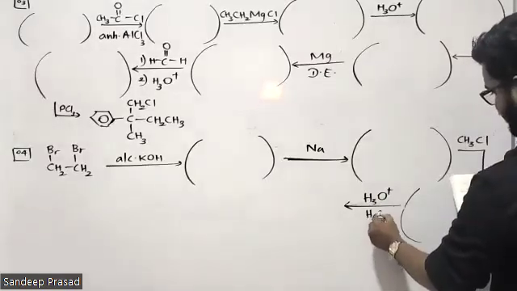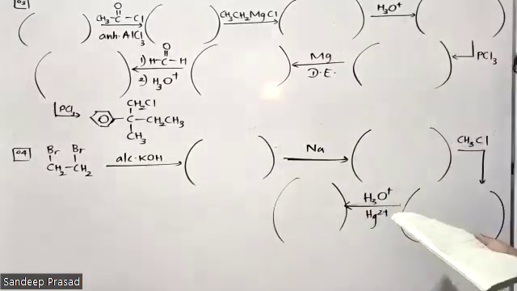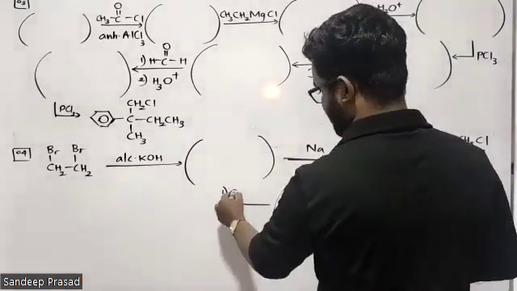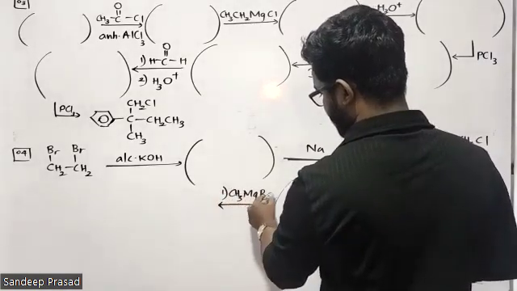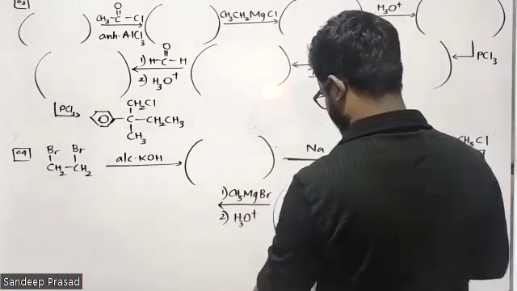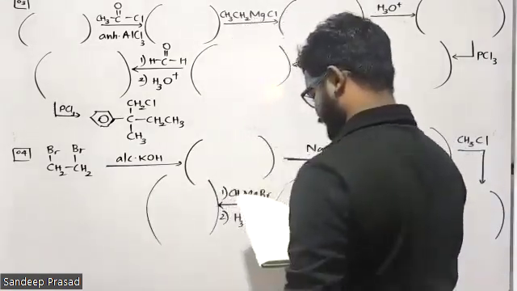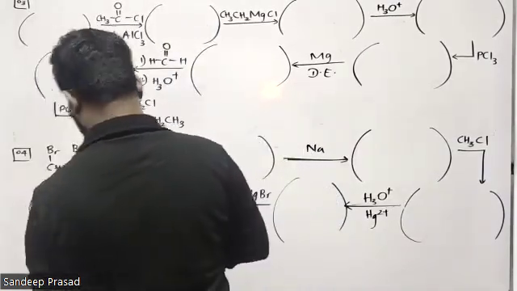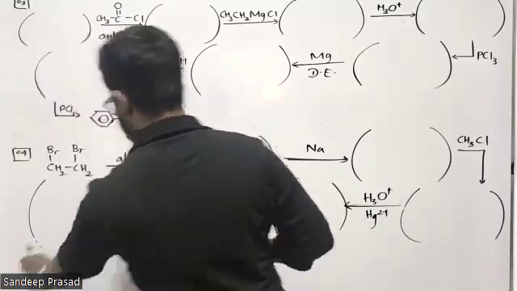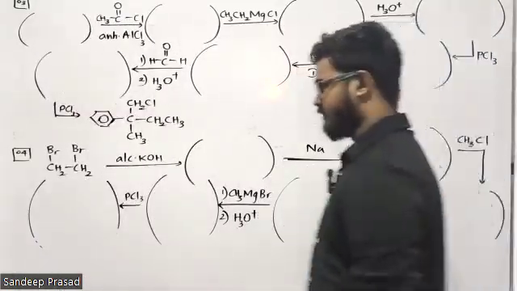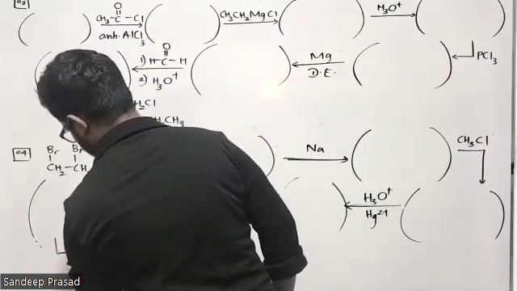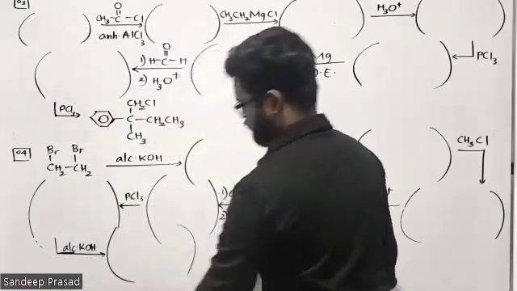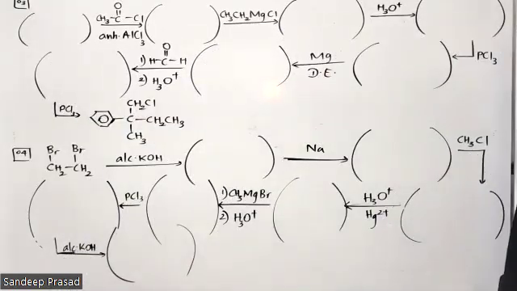H3O plus with mercuric cation is added. And here we have CH3MgBr. Secondly, H2 plus. PCl3. Then we are adding alcoholic KOH. Okay, so quickly do them.